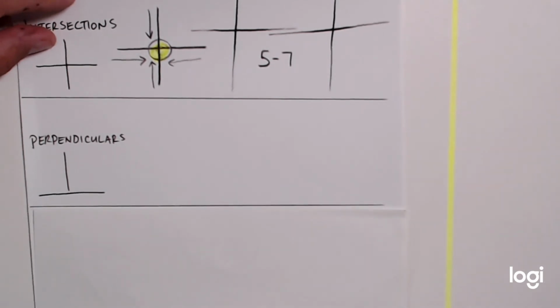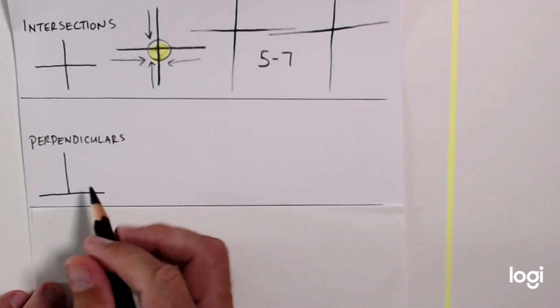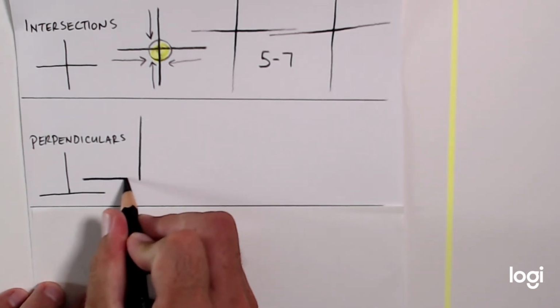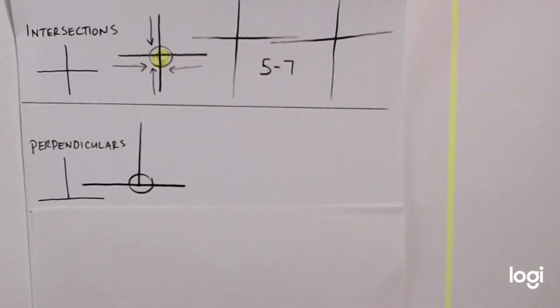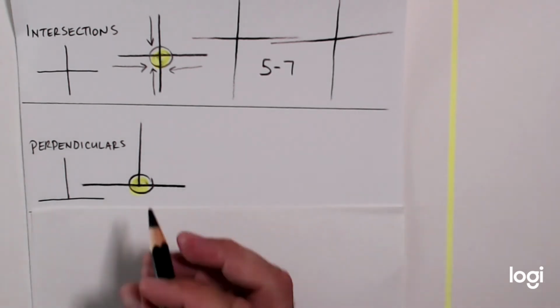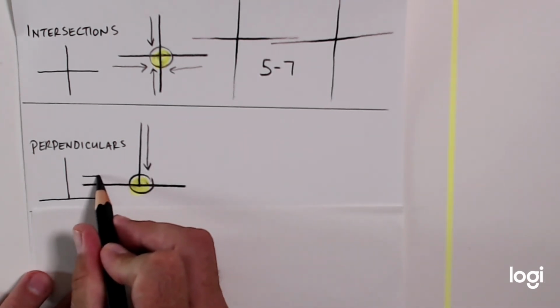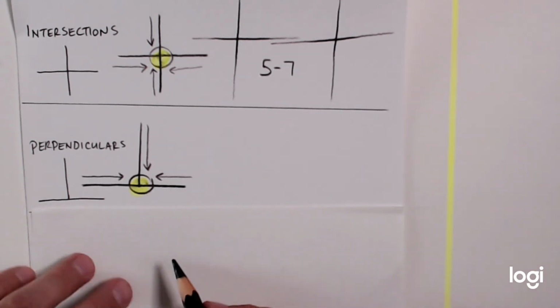Okay, so perpendiculars look something like this. Again, we're going to have that area where the lines meet. Right here is our key intersection or meeting place. And like before, as it comes there, it's getting more pressure. Same with the bottom line.